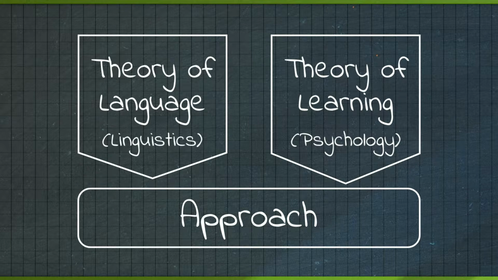As you can see in the figure, underlying any language teaching approach, there is a theoretical view of what language is, in other words, a linguistic theory, and of how it can be learned, so, an educational theory.